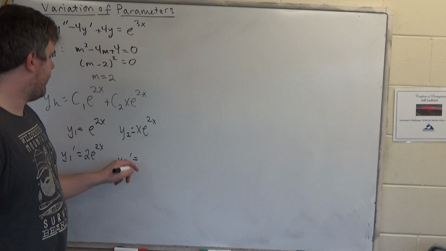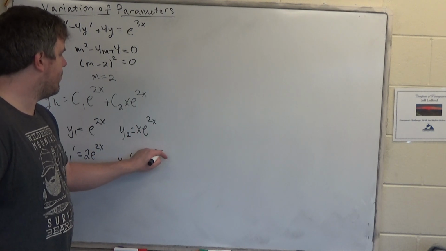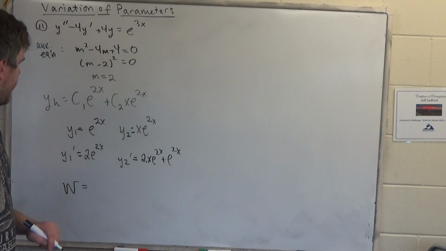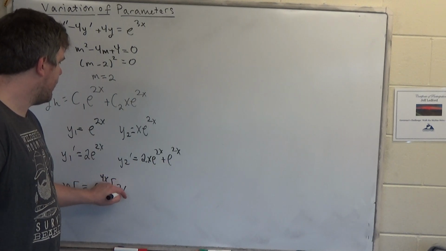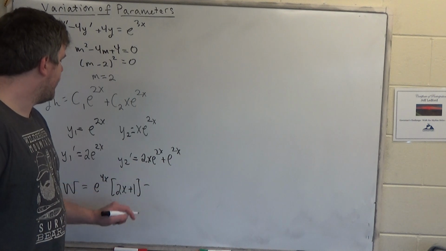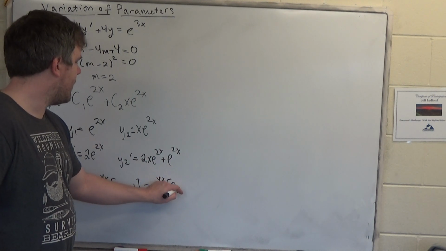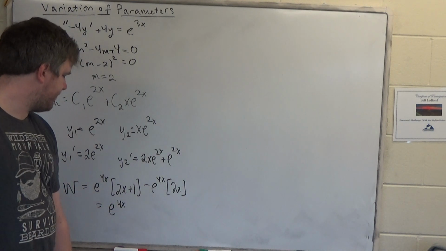Y2 prime is, let's see, I have to do the product rule. That's 2x e to the 2x plus e to the 2x. So the Wronskian is going to be e to the 4x times 2x plus 1 minus e to the 4x times 2x, which is e to the 4x.